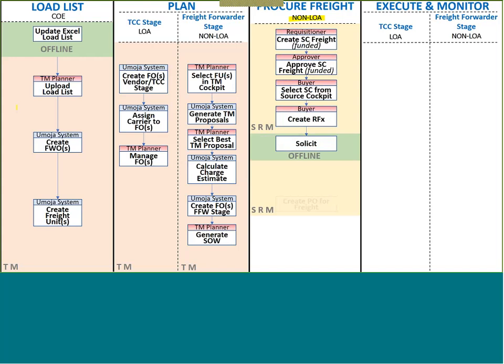Nothing has changed here. But remember, you would still have to create the shopping cart for freight, at least for the non-LOA scenario. And now once the PO for freight has been approved, that's where the next step would come in, which is the part here at the bottom, where we're going to have to link the information, right?